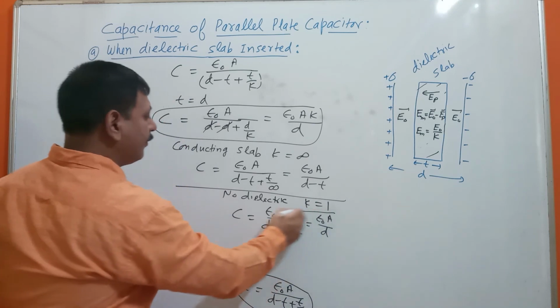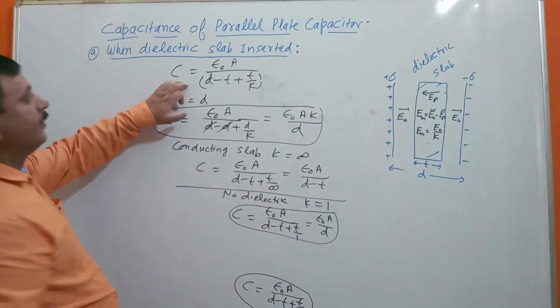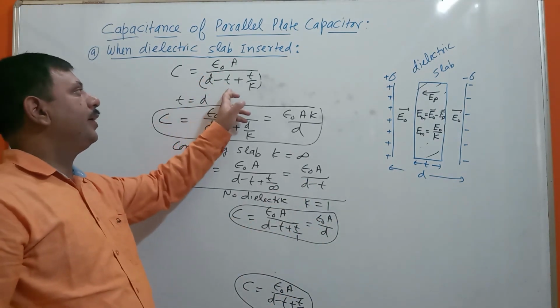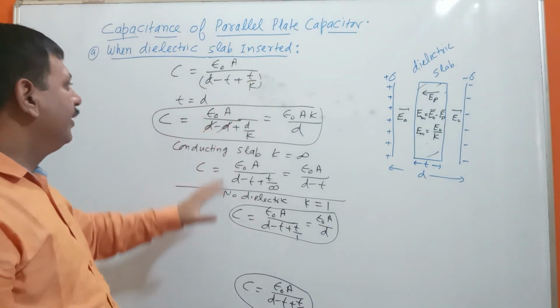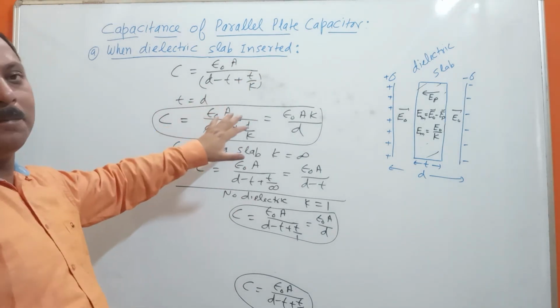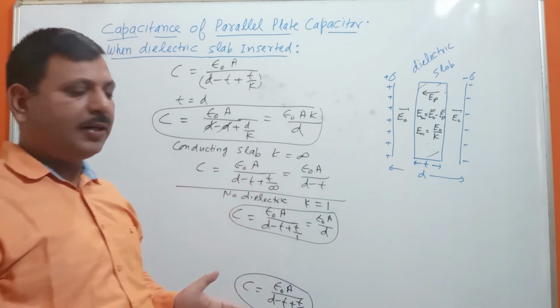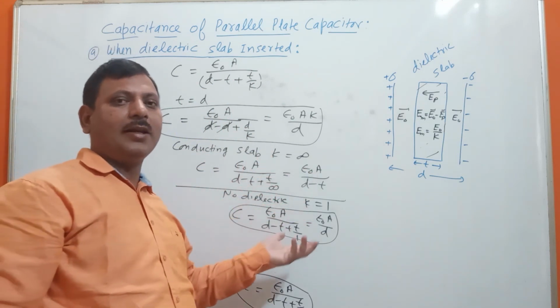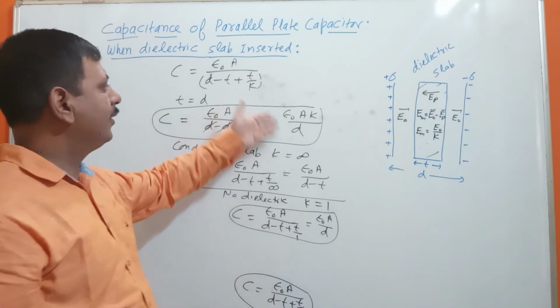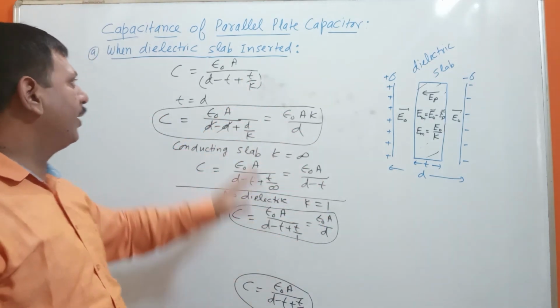So by the one formula, C equals epsilon naught A upon (D minus T plus T upon K), we can define the conducting slab, the slab kept for full width, or the case where no dielectric medium is there. We can find all the formulas by this.